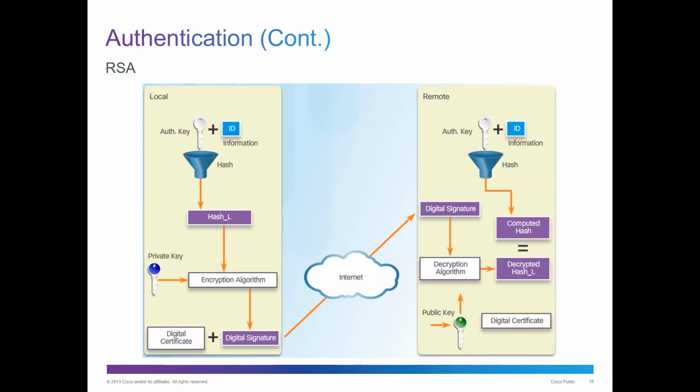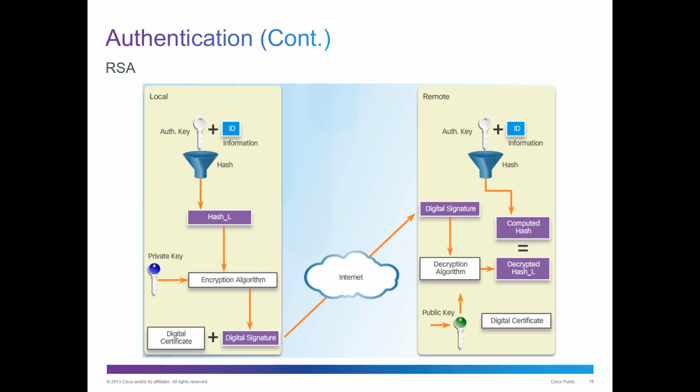RSA is another type of key encryption, but it focuses on digital certificates as well. And again, you'll notice here, authentication key plus ID, hash. The hash will be fed into an encryption algorithm with a private key, and that will be sent as a digital signature, and then that gets sent over. The remote side will have the authentication key, the ID, hash.